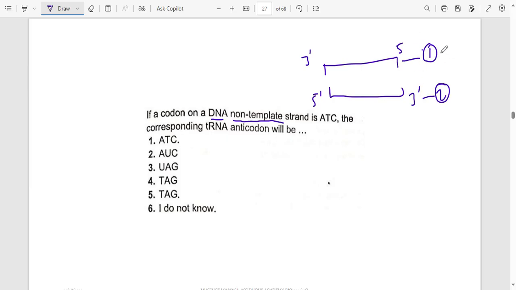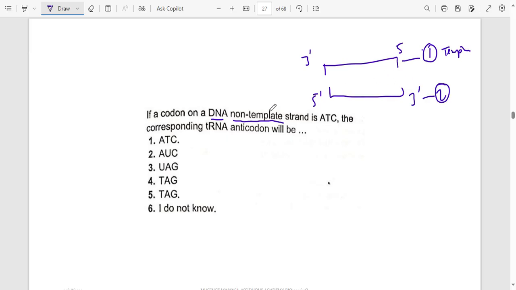Okay. So remember, the template is what you use to form mRNA. So one is a template strand, and then two is going to be the non-template strand. Okay, two is the non-template strand.